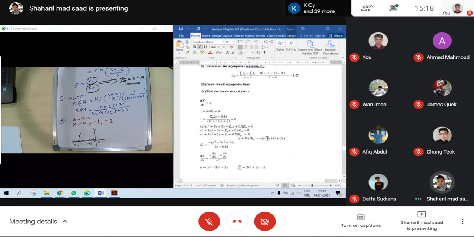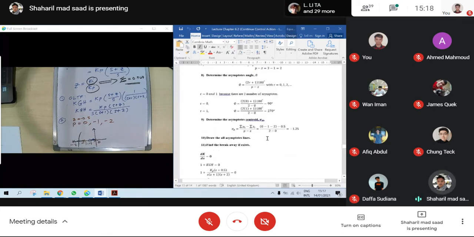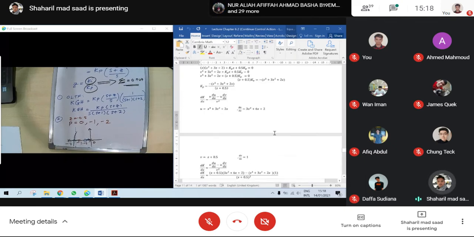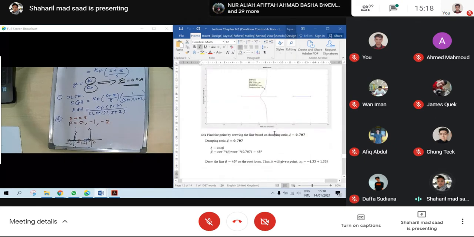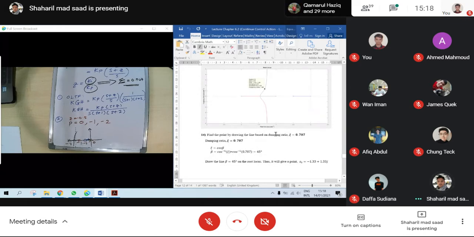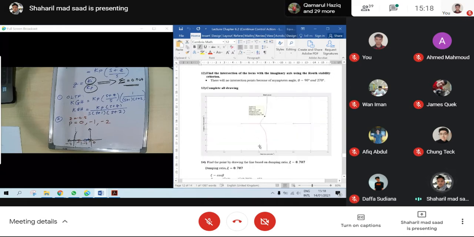Why? Because your asymptote angles will be 90 degrees and 270 degrees. So you don't have any intersection with the imaginary axis, and this is what your root locus is about.